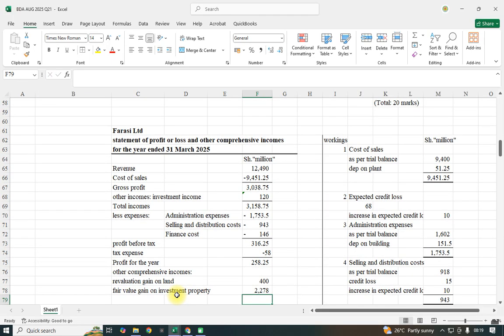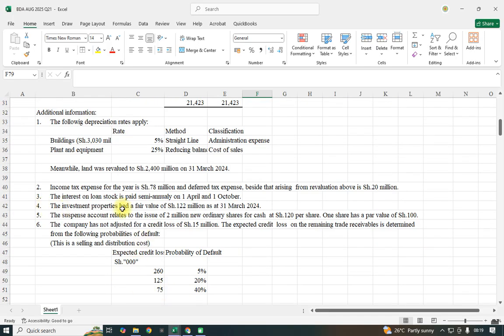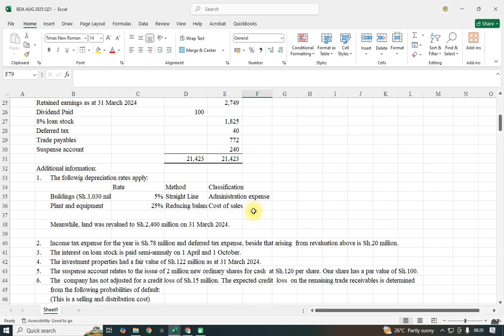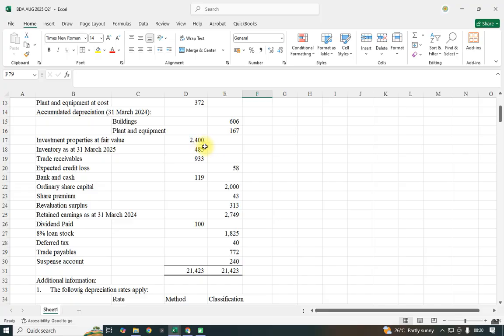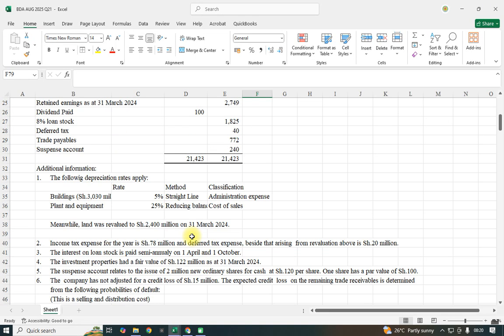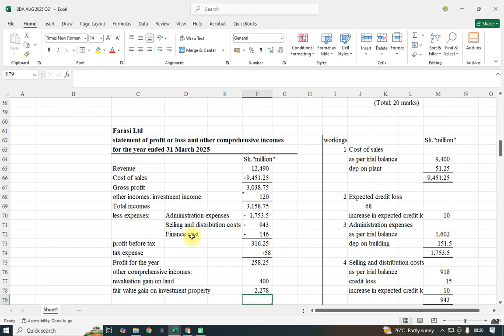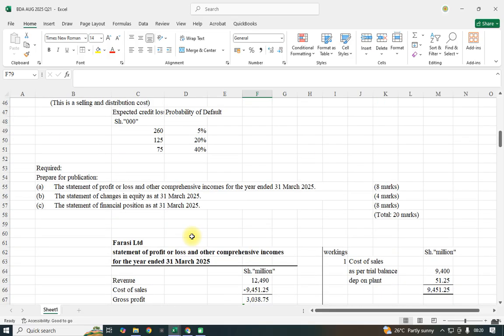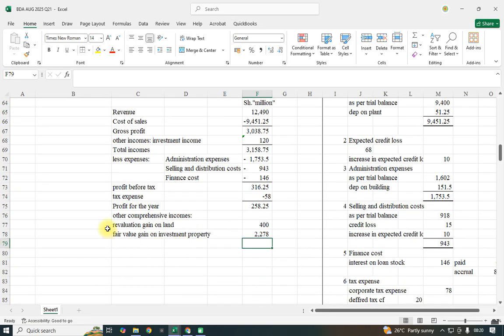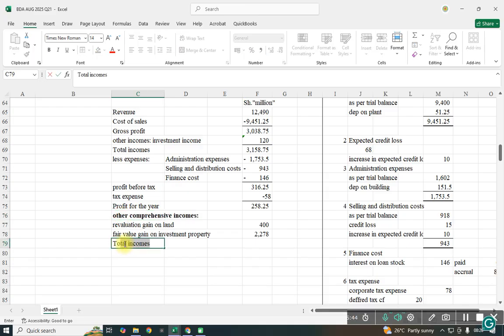The difference will be the gain of 2278. If that will be the case, then 2278 will be the gain from these. If you are told it was this in that first March 2024, and here we have been given 2400, then we had a gain of 2278 on the investment property, and we get the total comprehensive income.